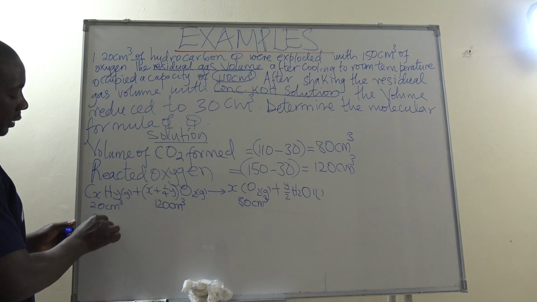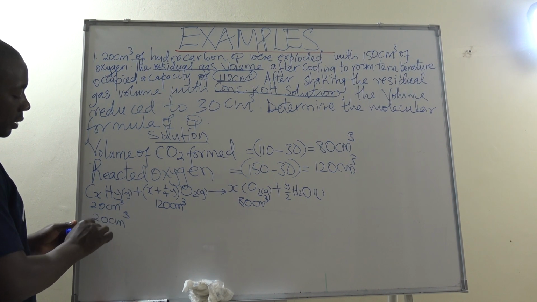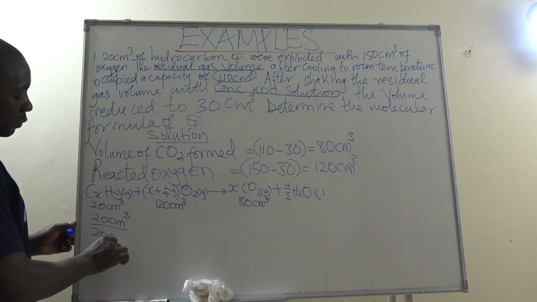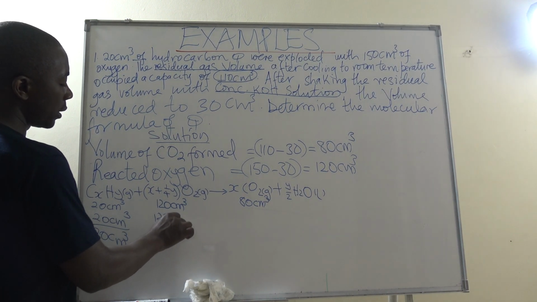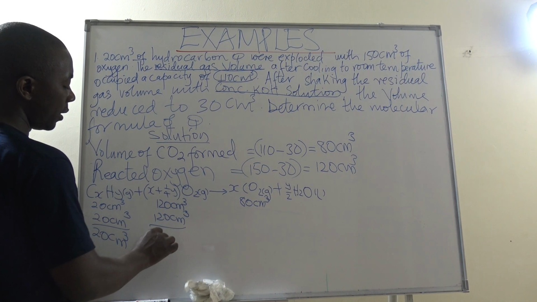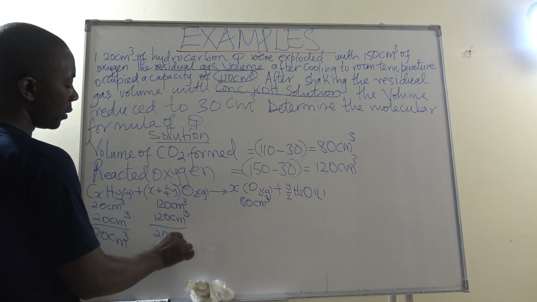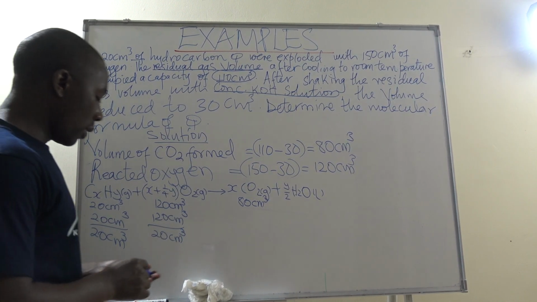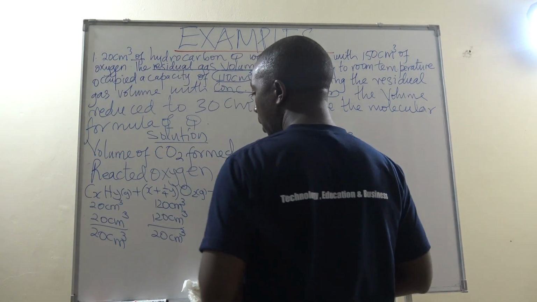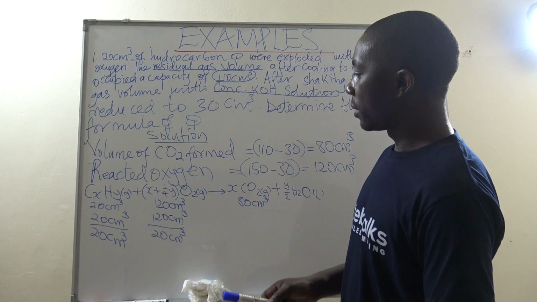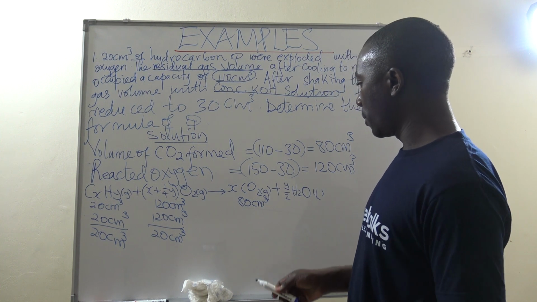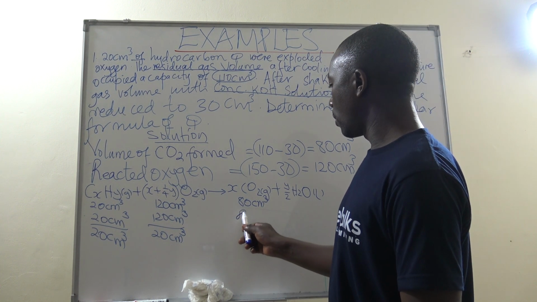So this is 20 cubic centimeters divided by 20 cubic centimeters, 120 cubic centimeters divided by 20 cubic centimeters. Why are we dividing by 20 cubic centimeters? Because we want to avoid a fraction which is less than 1.